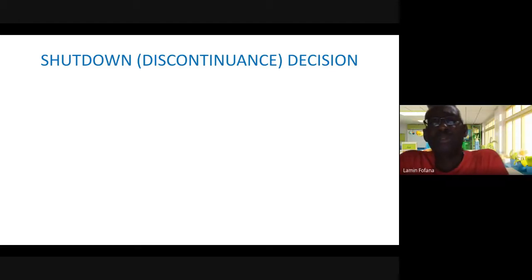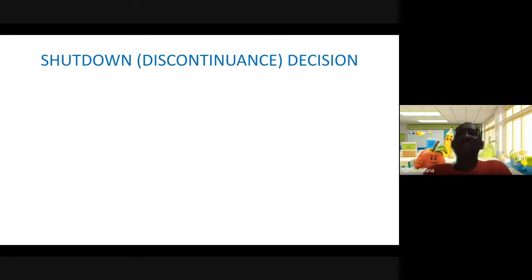Okay, correct. So it's a decision to shut down part of a business, a department, a branch, a product line, or a geographic area, like that. So a shutdown decision doesn't mean shutting down the whole business, but part of the business.